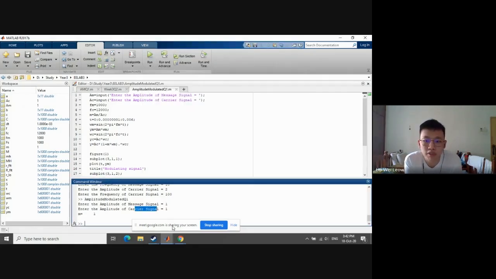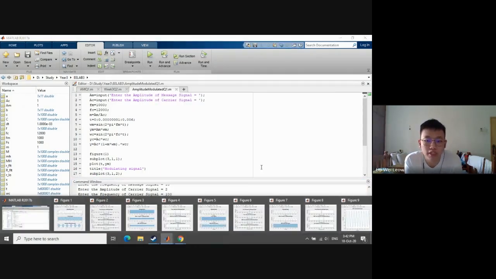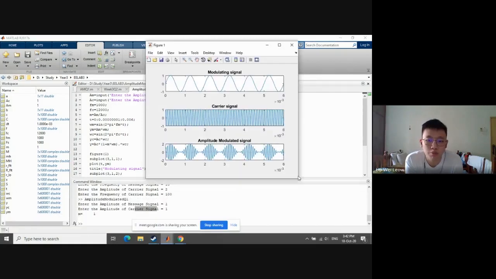Like the first example, for modulation index M equal to 1, which means Am equals Ac, this is called perfect modulation, as no distortion and no data loss happen.